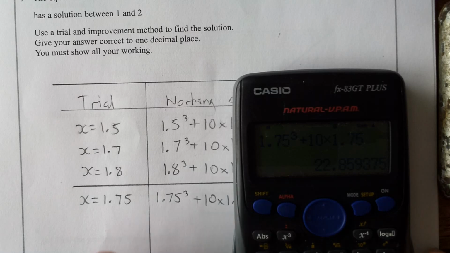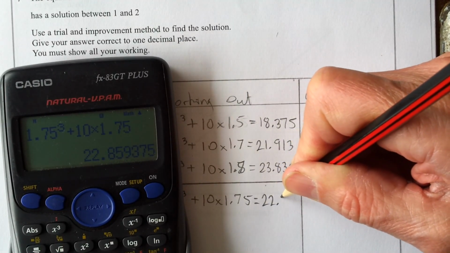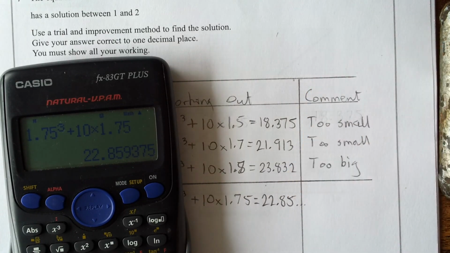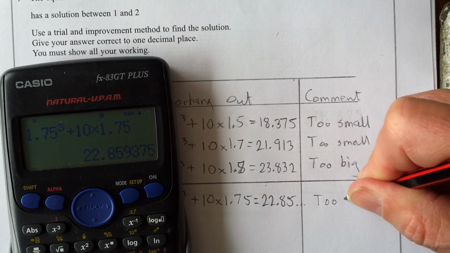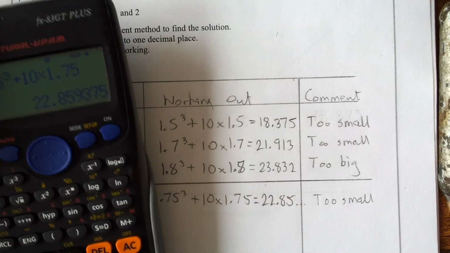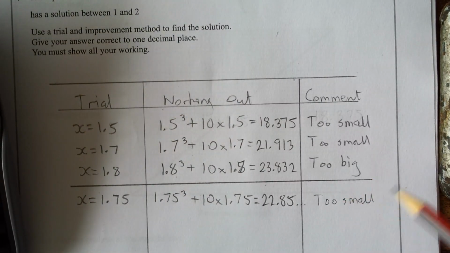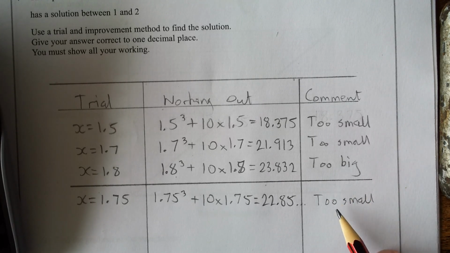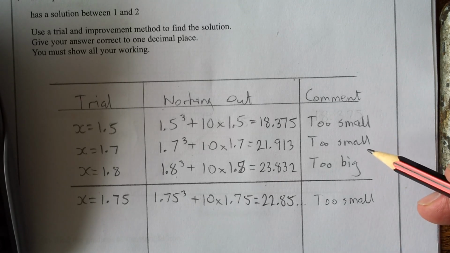Press equals and convert the fraction by pressing the SD button. We've got 22.85 and so on. That's all I need. Now 22.85 is too small. There are a few ways to realise which one is the answer, but the easiest way to think is, if the middle one is too small, the bigger one is the closest.